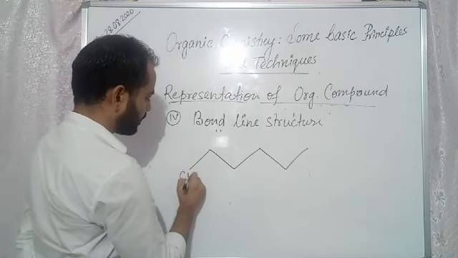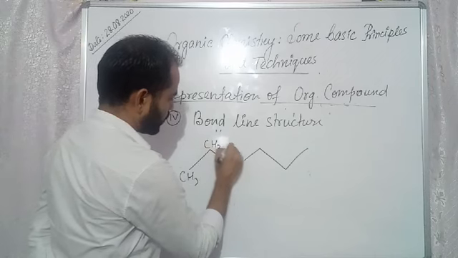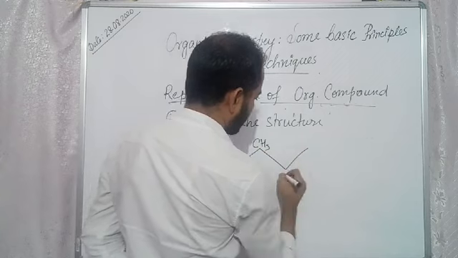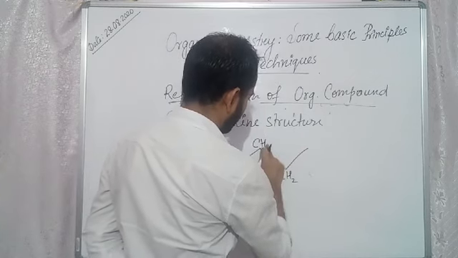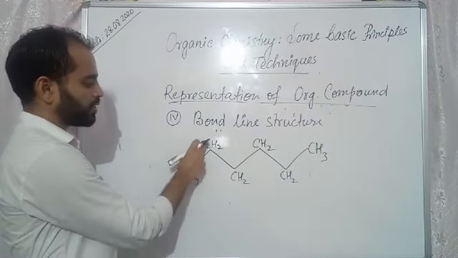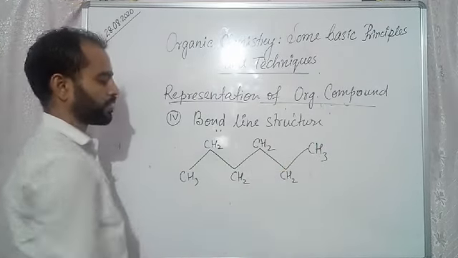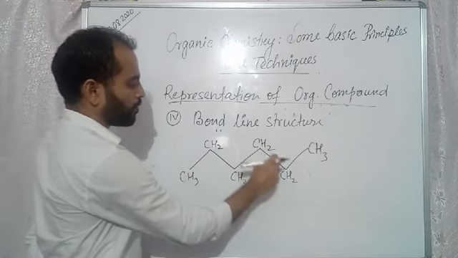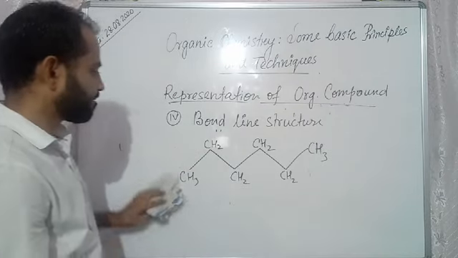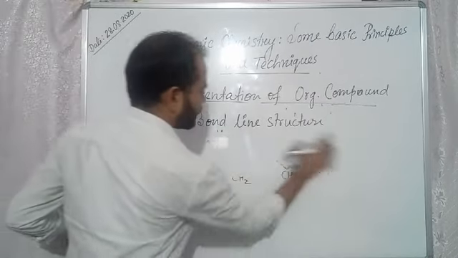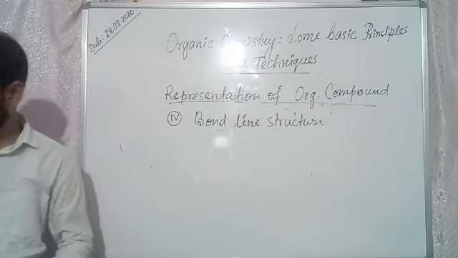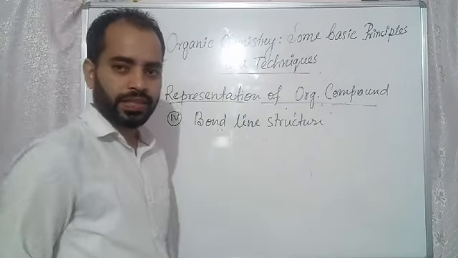CH3, CH2, CH2, CH3. CH3, CH2, CH2, CH2, CH2, CH3. 1, 2, 3, 4, 5, 6. So this is hexane molecule. This is a bond line structure.